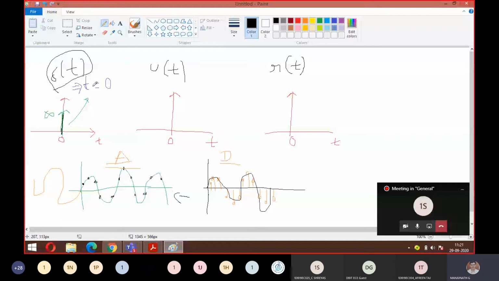Whenever the waveform exists only at time t equal to 0, it is called an impulse function. I'll repeat, the waveform exists for t equal to 0.